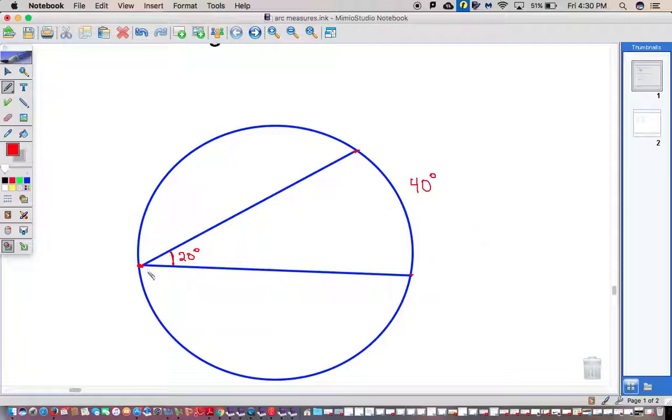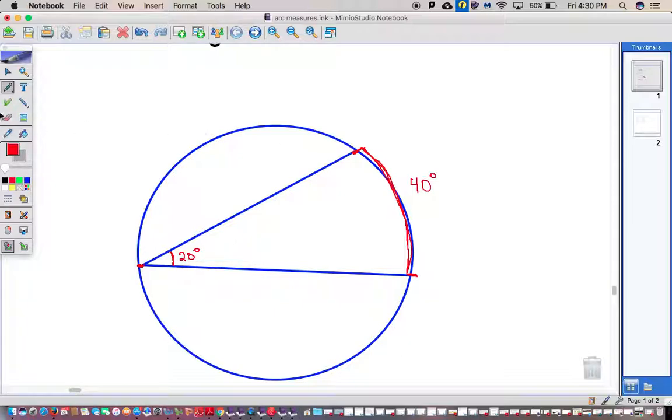When an angle is inscribed, the vertex is on the circumference, and the angle intercepts the circumference of the circle at this particular arc. The measure of this arc is going to be twice the measure of the inscribed angle. Okay, so that's for an inscribed angle.